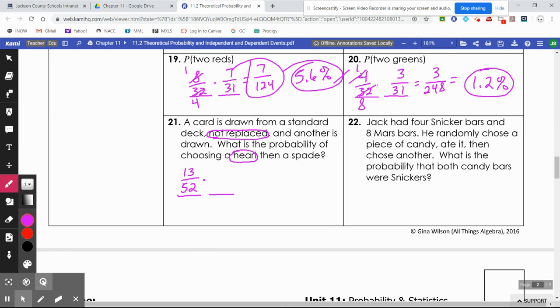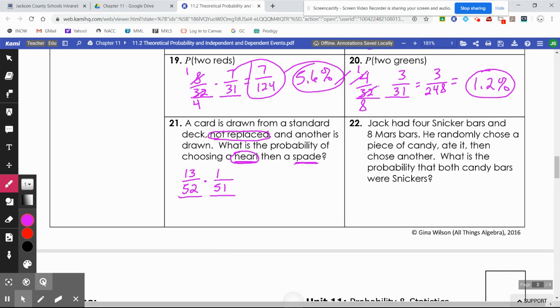I did not put it back in. So there's no longer 52 cards to choose from, but there is now only 51 cards to choose from. And I do know in my first draw that I drew a heart. So we want to know what now is the probability of drawing out a spade in the second draw. And there are 13 spades left. So there's a 13 in 51 chance of drawing out the second one.